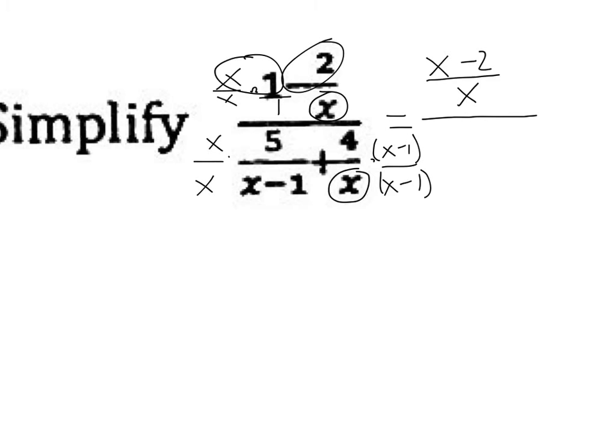So that's going to be 5x. And then plus, I'm going to distribute the 4. 4x minus 4. And then that's going to become 9x minus 4. So over here, down below, I'm going to put 9x minus 4 over, and now understand that they have an x and an x minus 1.